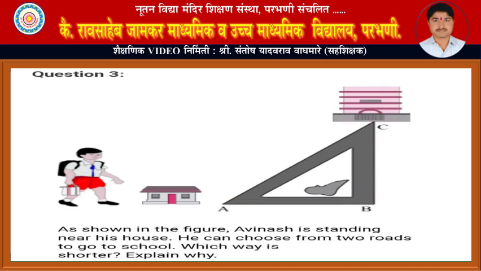So our answer is, he can choose route AC because it is shorter. And why? Because of the property of a triangle, that the sum of two sides of a triangle is always greater than the third side. And the other route is nothing but the sum of the other two sides. So let's write our answer with proper reasoning.